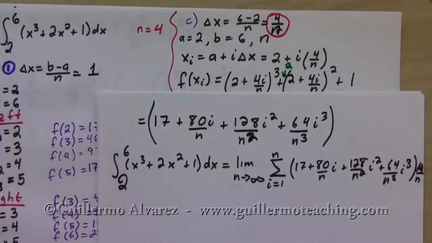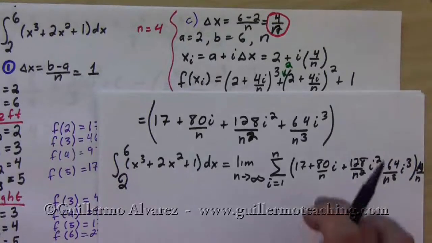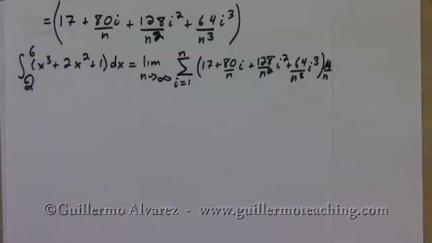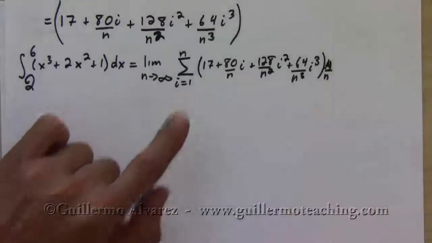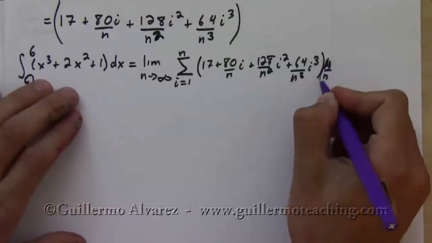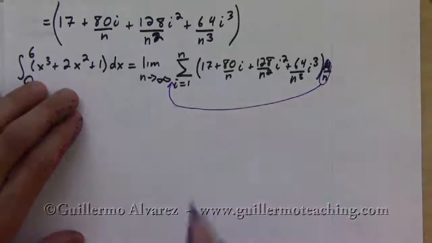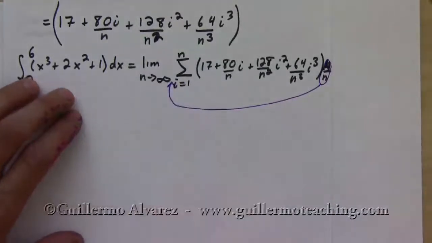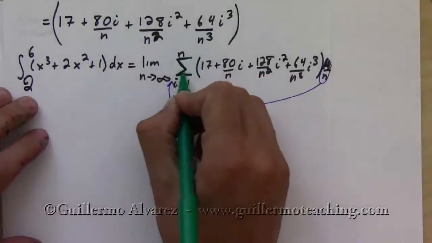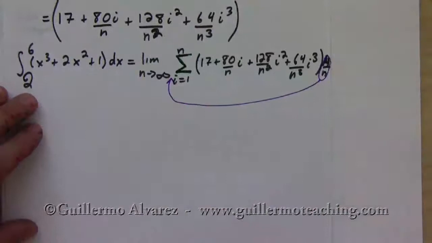Okay, now let me get a new sheet of paper and I'm going to calculate this sum. So what I'm going to do first off is, this 4 over n, remember we did it in the last problem, this guy is a constant, so I can take it out of the sum altogether. So I'm going to take that out of the sum, and then also I'm going to break up the sum into a bunch of small sums with each one of these.